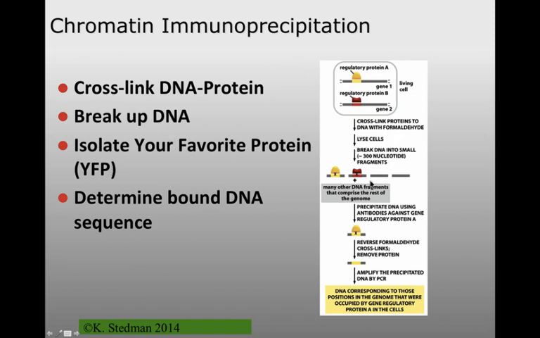And that way you can separate the protein, now bound to the DNA, from everything else which is in there. All the pieces of DNA that are not bound to protein, all the pieces of DNA that are bound to other proteins, doesn't matter, they're all gone. Now what you can do is reverse this cross-link and then sequence this piece of DNA. And that tells you, again, what specific DNA sequence your favorite protein is bound to inside the cell.